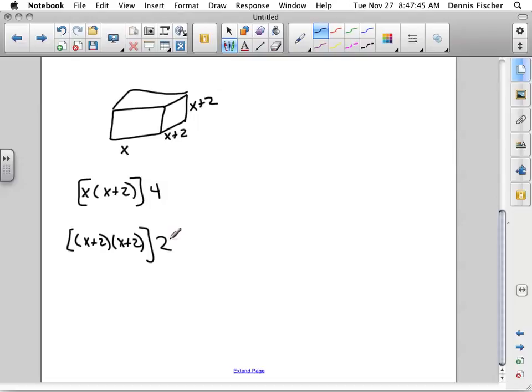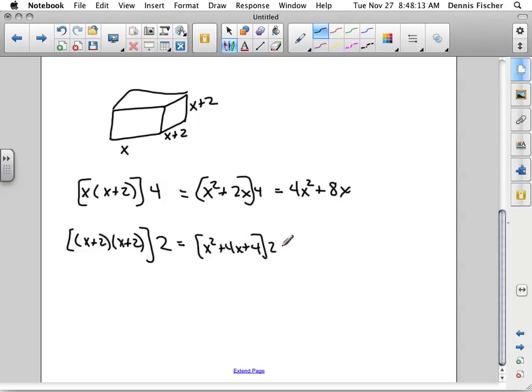Okay, if you follow this out, the first one up here, I'm going to get x squared plus 2x times 4, which is 4x squared plus 8x. Correct? And then the bottom one here, if I follow this out real quickly, I'm going to get x squared plus 4x plus 4 times 2.